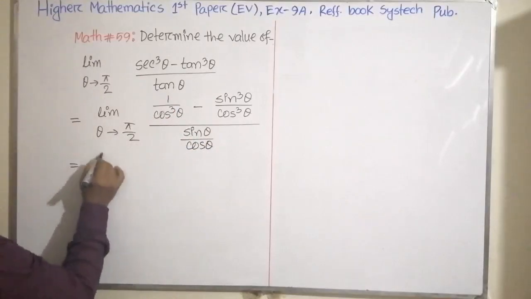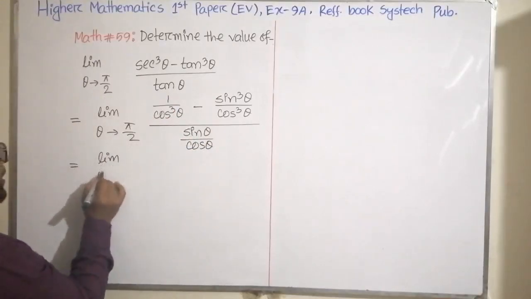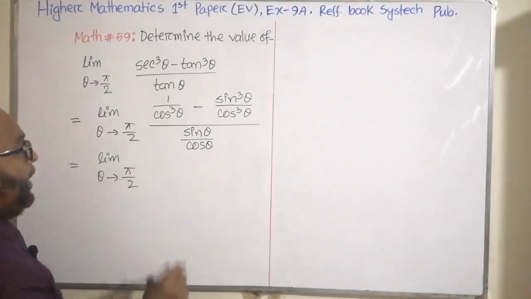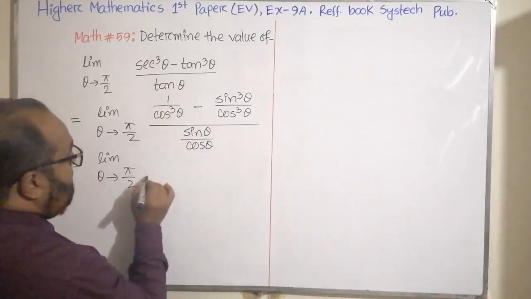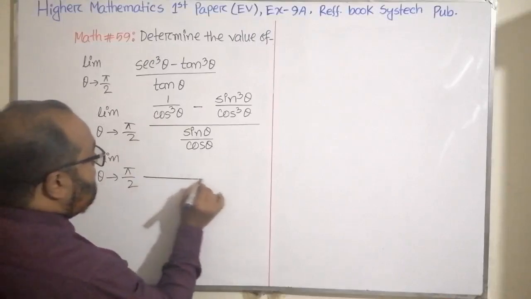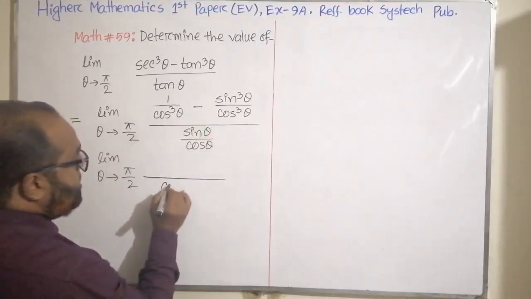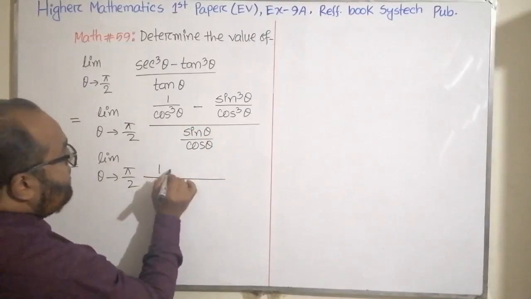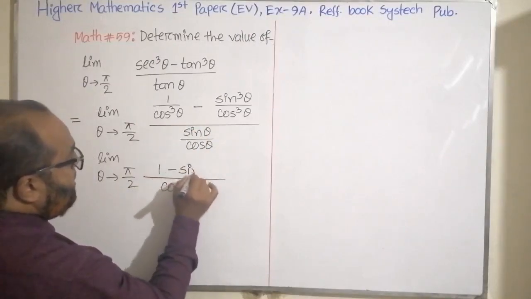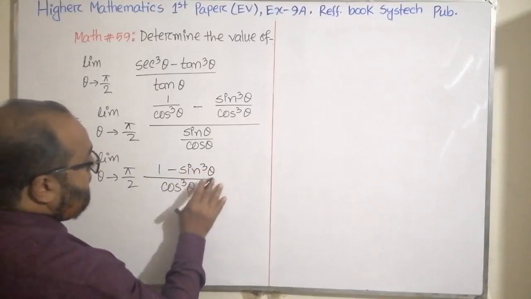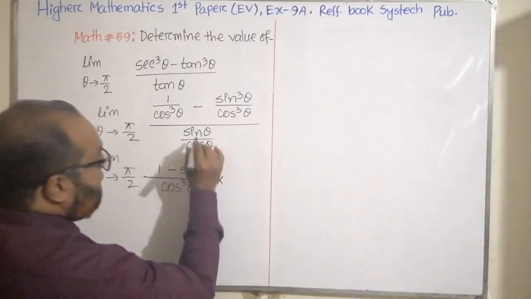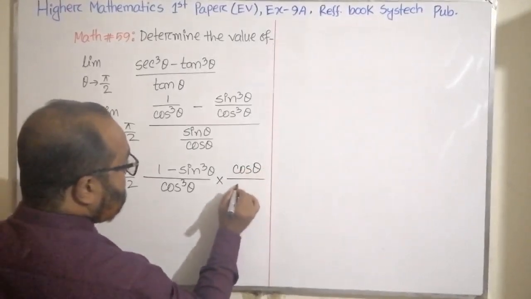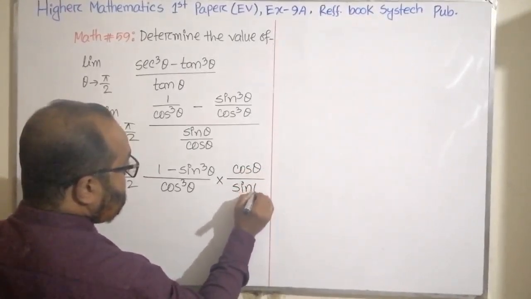This equals limit theta tends to pi by 2, and if we simplify this, cos cube theta, here 1 minus sin cube theta, and if we multiply this with cos theta divided by sin theta.